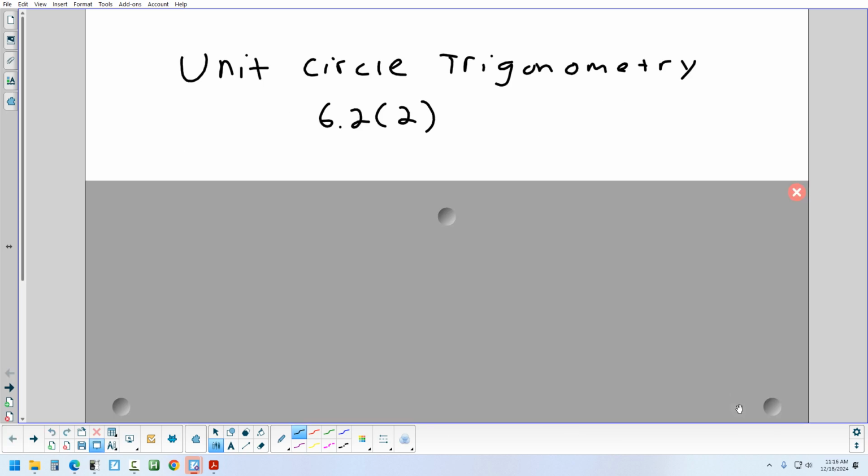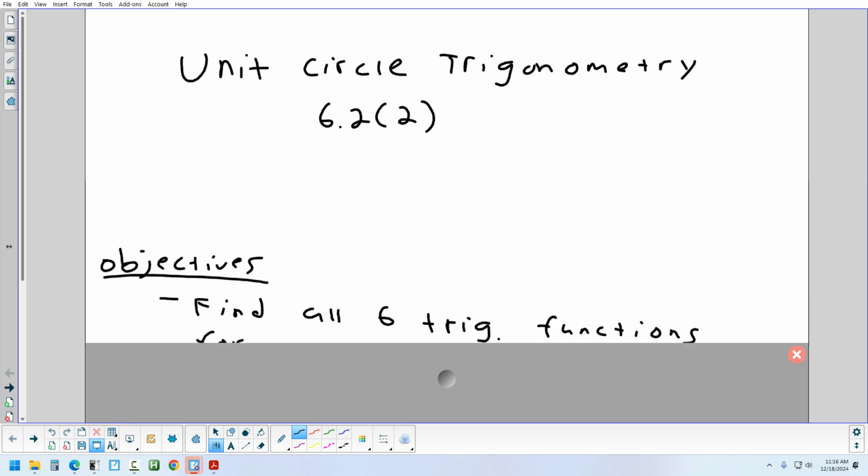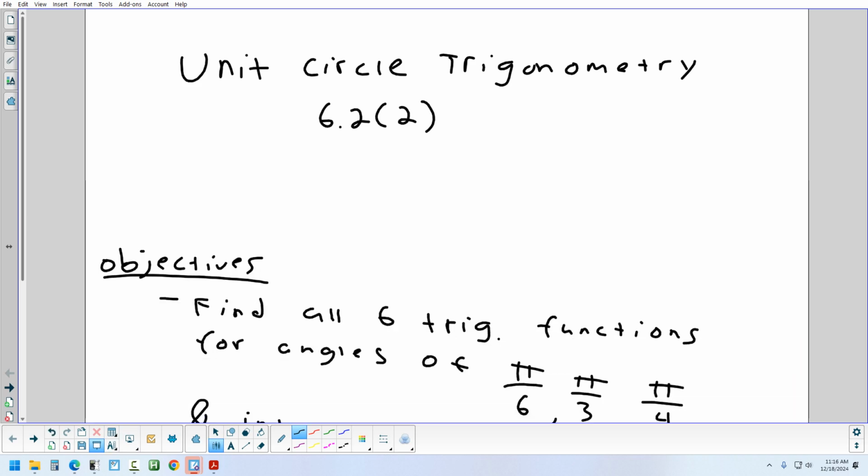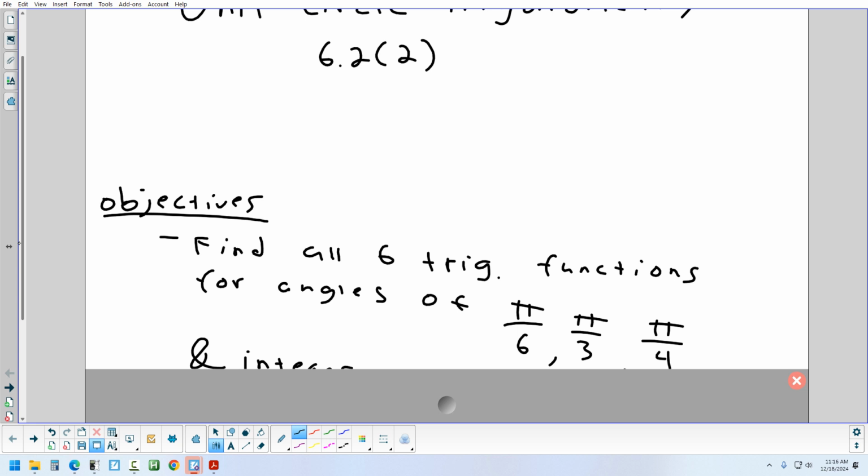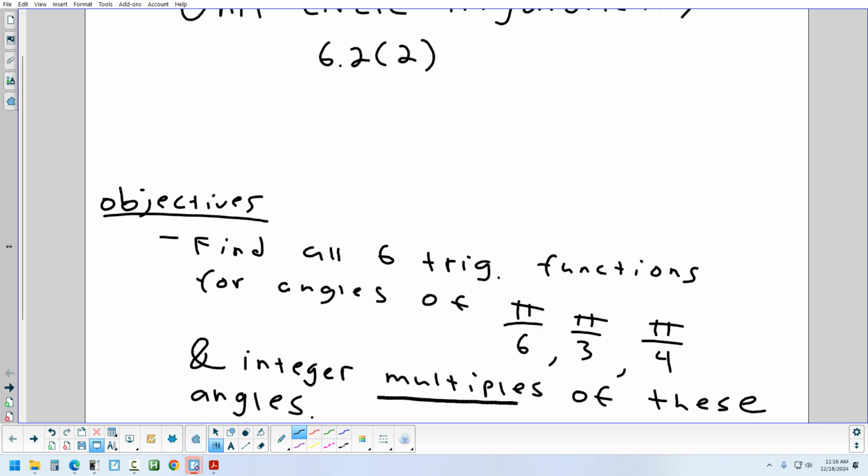Okay, so let's take a look at the last part of unit circle trig. So we've talked about finding the coordinates of quadrantal angles. Now we're going to look at how you find the coordinates of angles that are 30s, 60s, and 45s, or multiples.